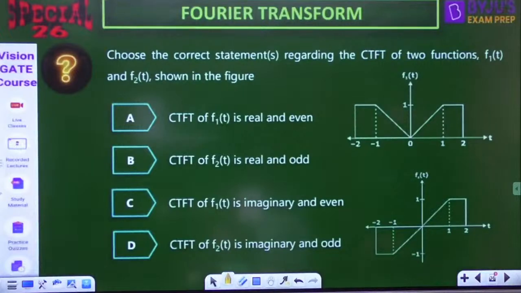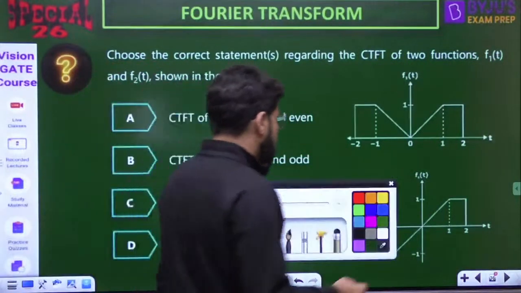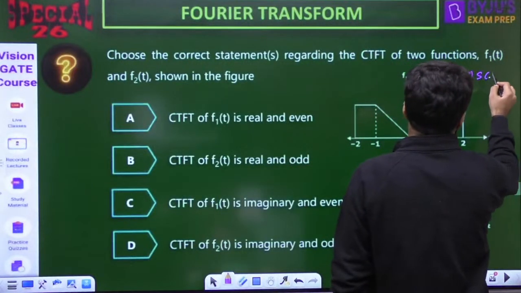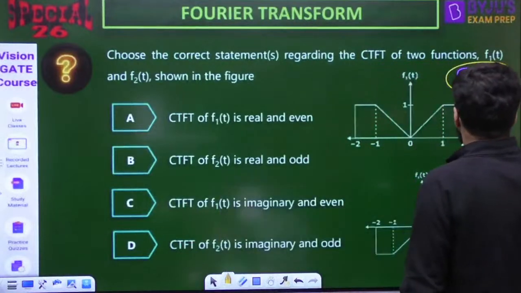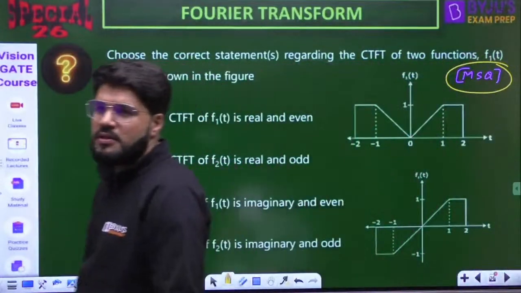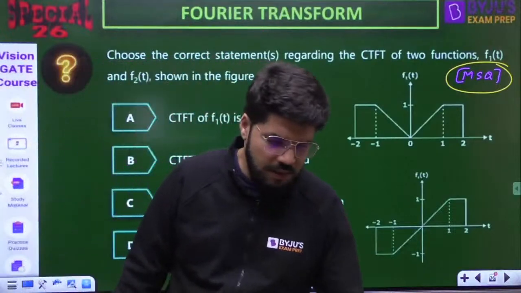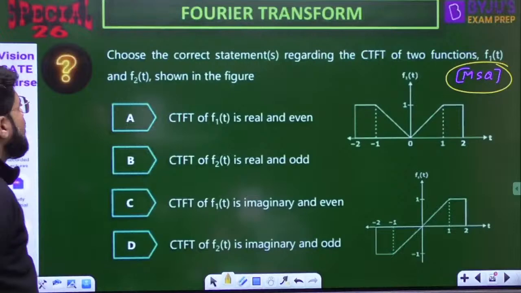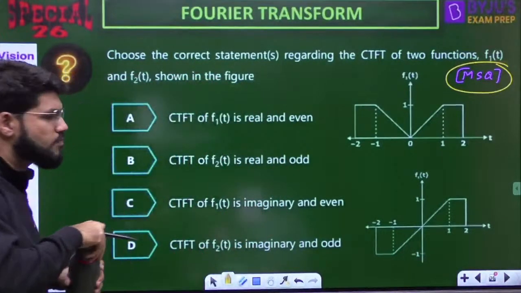Right. Choose the correct statement regarding the CTFT of the two functions f1 and f2. Okay, अच्छा. Again, this is a MSQ question only, dear. ठीक है? MSQ question. Chalo, dear, tell me.